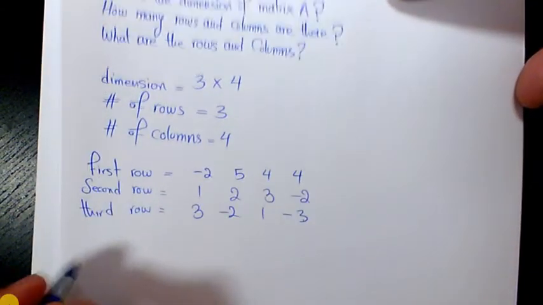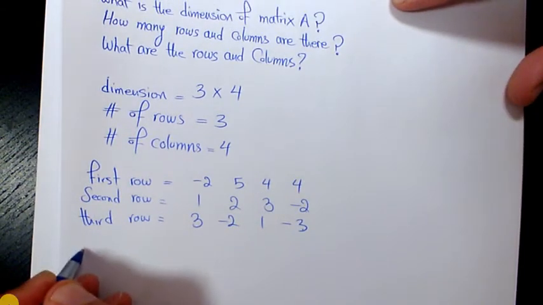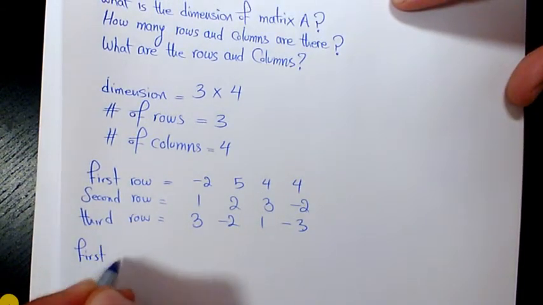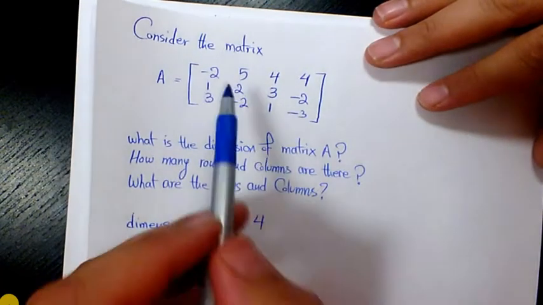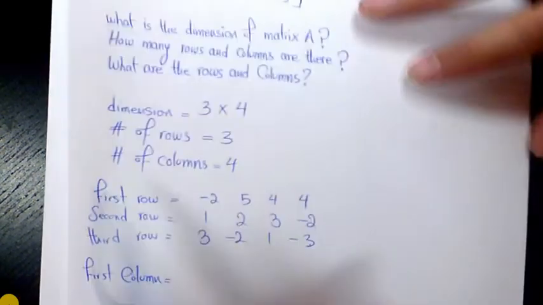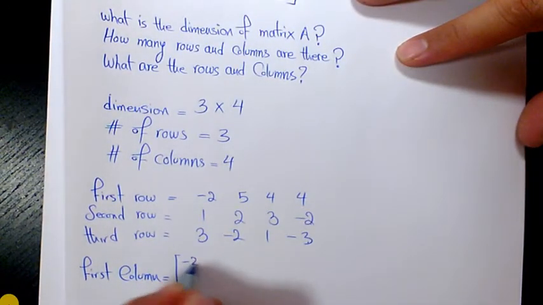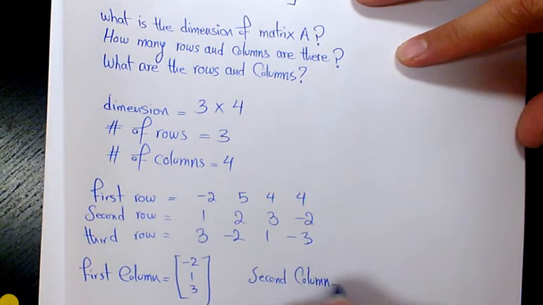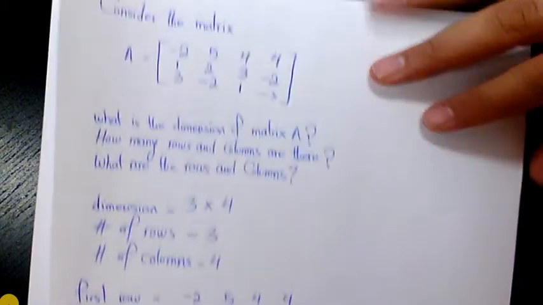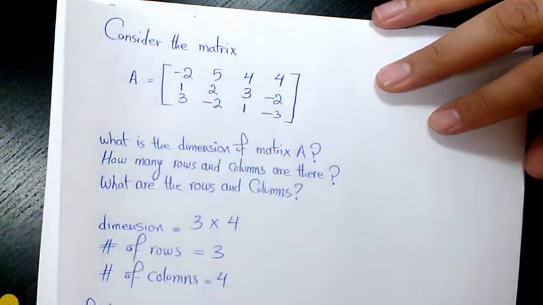On the other hand, the columns. The first column is -2, 1, 3. The second column is 5, 2, -2.